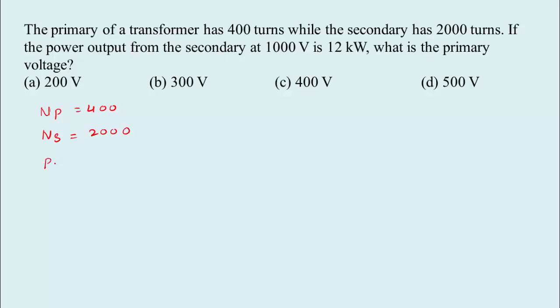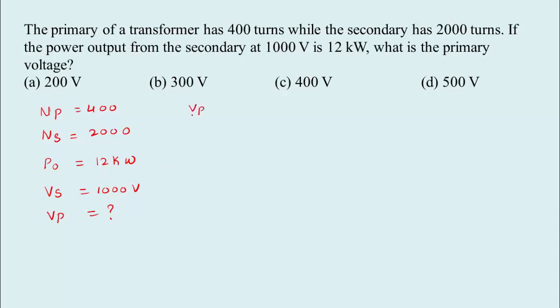Then power output from the secondary coil, it is given 12 kilowatt, and it is having voltage 1000 volt, that is voltage across the secondary is 1000 volt. So we have to calculate voltage across primary, that is Vp. So directly we can use the relation between number of turns and voltage.